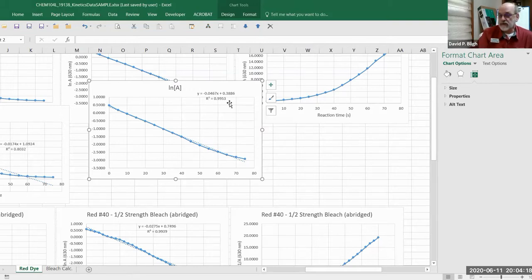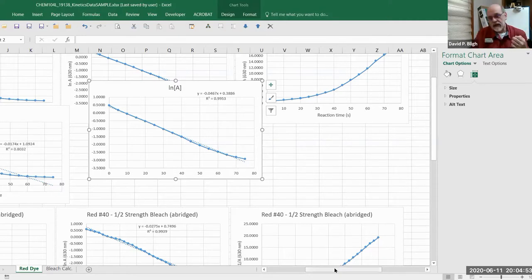So focusing on the slope of the line, in this place right here, we know that the k value is 0.0467. Actually this is the k prime value, because we did a transformation to limit to one reactant as the changing value. So 0.0467 is the k prime value for full strength.